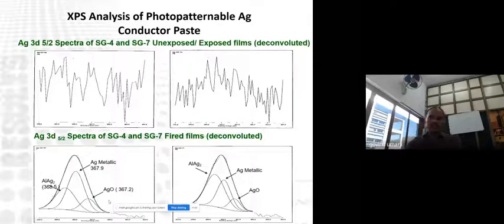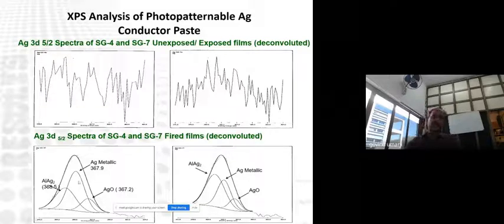Since the firing took place in an air atmosphere, we got Ag oxide, but the metallic binding energy of 367.9 eV is observed. Then Al-Ag-O3 binding also. The height of all these deconvoluted peaks clearly shows how much of each is present.